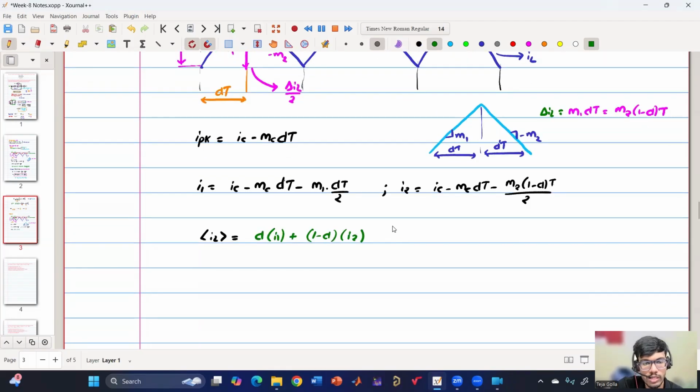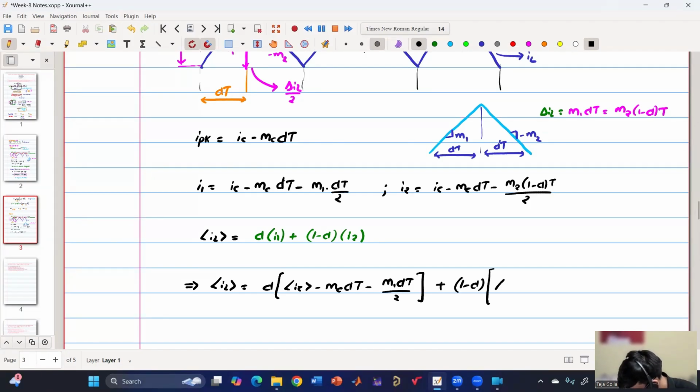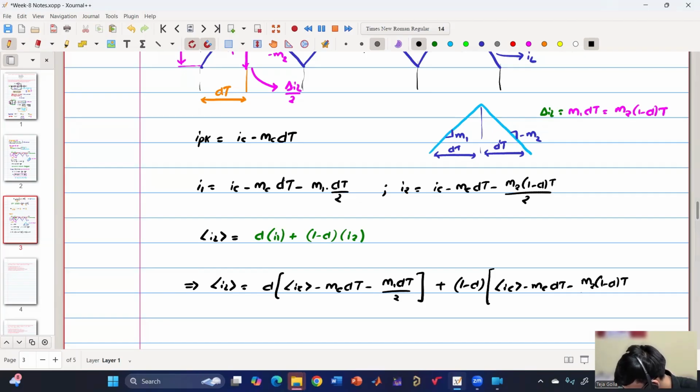So now if we simplify it, we'll get the average of IL equal to d into average of IC minus MC dt minus M1 dt by 2 plus 1 minus d into average of IC minus MC dt minus M2 into 1 minus D by 2, right?